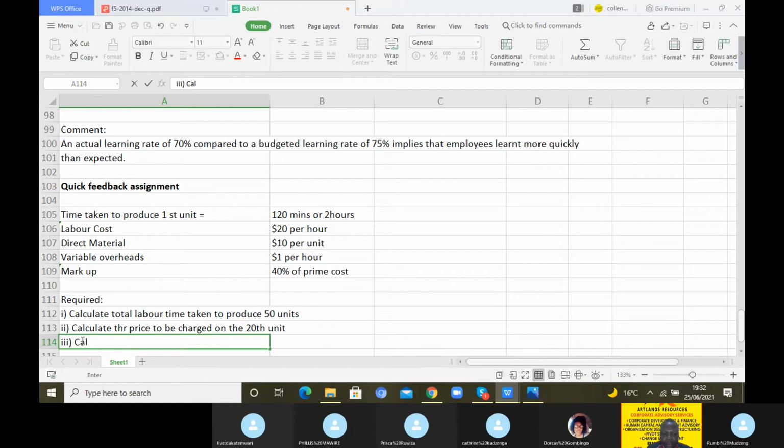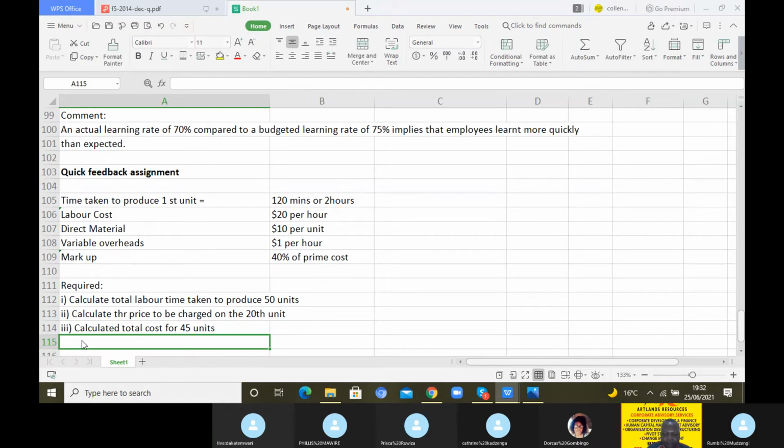Calculate total cost for 45 units. Calculate total profit on 45 units.